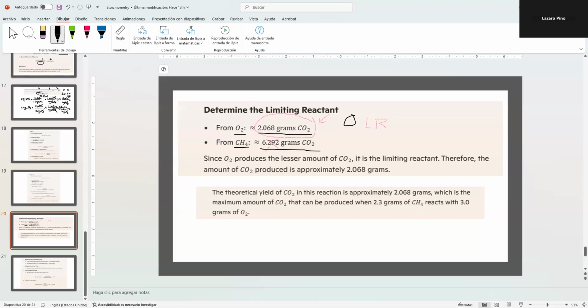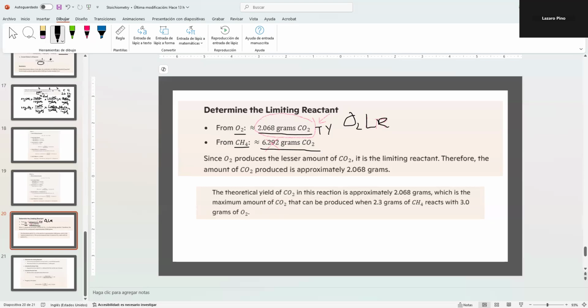Then oxygen is the limiting reactant, and 2.068 grams of carbon dioxide is the theoretical yield. What does it mean?